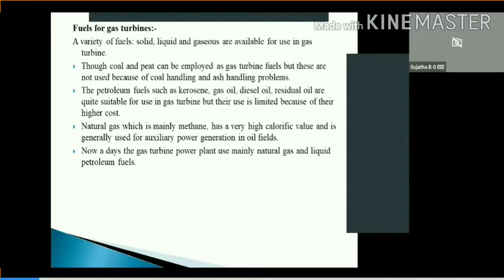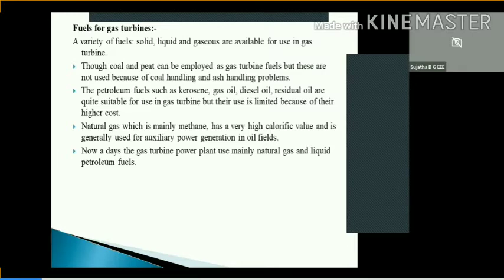If 100 kg of coal is burnt, 40 kg of ash itself is produced. Handling ash is a big headache. So although we can use these also for gas turbine fuels, these are the drawbacks: handling coal as well as the ash handling problem.